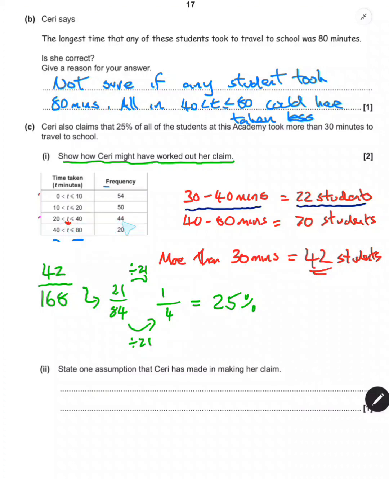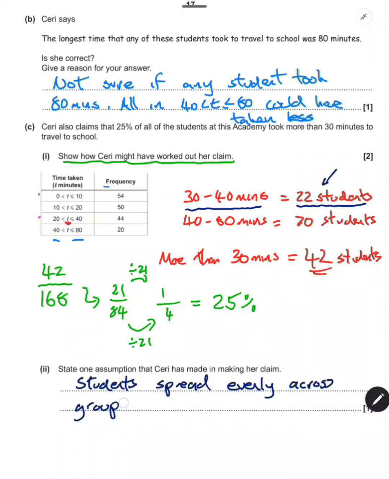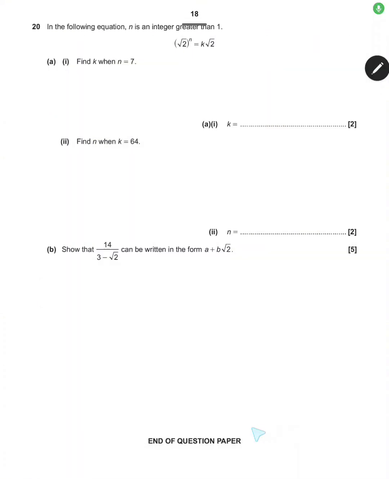All 44 students might have taken 20 minutes. All 44 students might have taken 40 minutes. So they may not be evenly spread throughout this group. This bit of maths pretends that they're all perfectly spread across this group. So the assumption that we're making is that students are spread evenly across these groups.